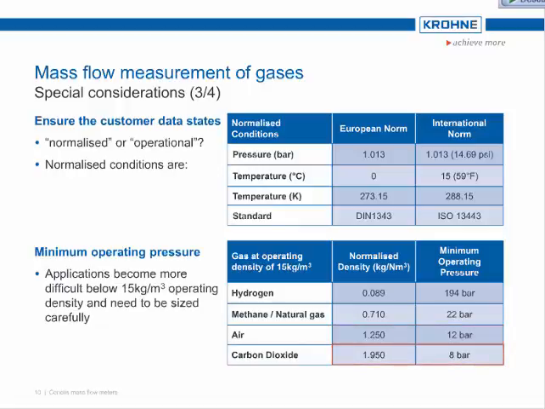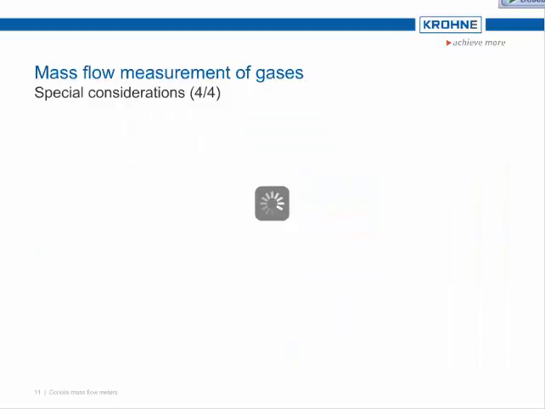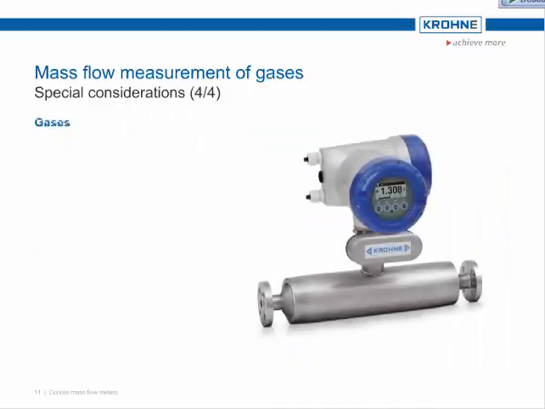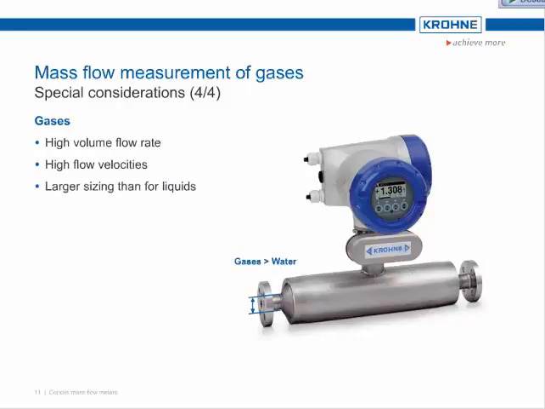And a final example. Carbon dioxide with a normalized density of 1.95 kilograms per normalized cubic meter, the pressure needs to be above 8 bar. In summary, for gases, due to the high volume flow rate, resulting in high flow velocities, the meters selected for gas applications are sized 1 or 2 meters larger than that for a liquid at an equivalent mass flow rate.